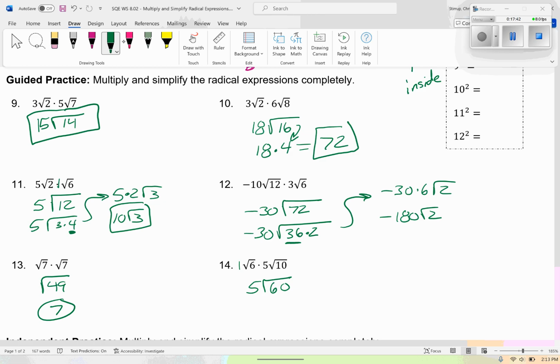If that doesn't work, what else might work up there in the blue? 4 and 15. Good. Square root of 4 is what? 2. So I get 5 times 2, root 15. The 5 and 2 are both outside, so what do we do? Multiply them. There it is.